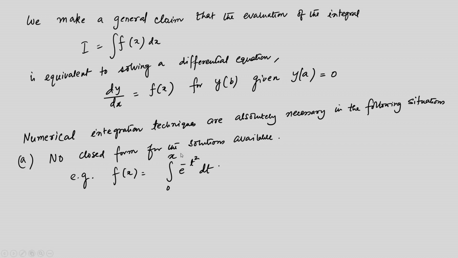Okay. So, there is no closed form available. If you need to do this integral for some value of x, you need to do a numerical integration. It could also be that closed forms exist, but the solutions are too complicated.